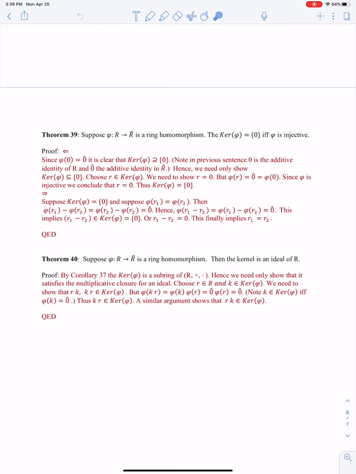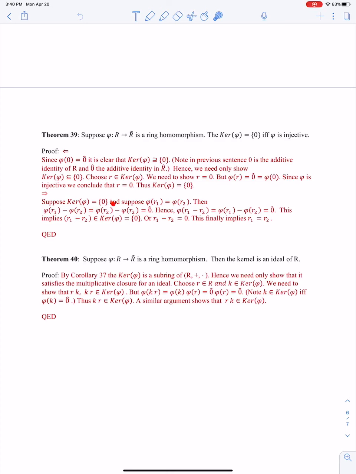That's enough to tell me that, sure enough, 0 is a subset of the kernel, because what does the kernel mean? It's anything that gets mapped to 0 hat.